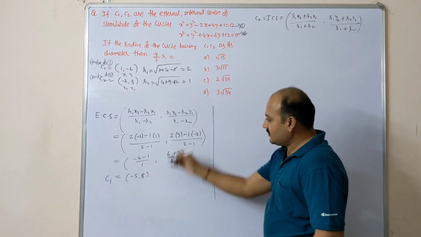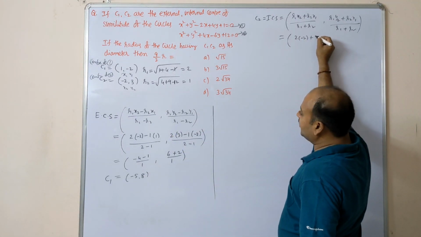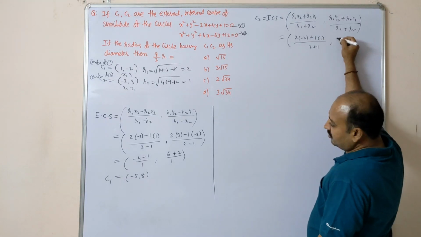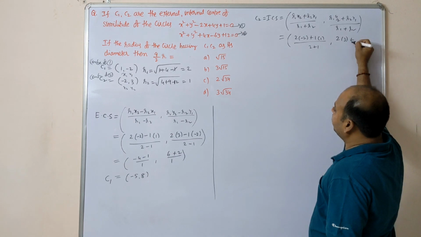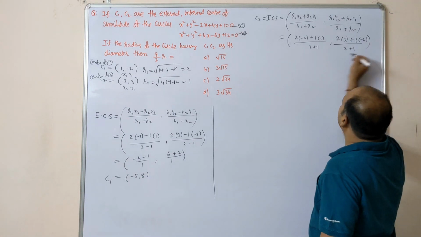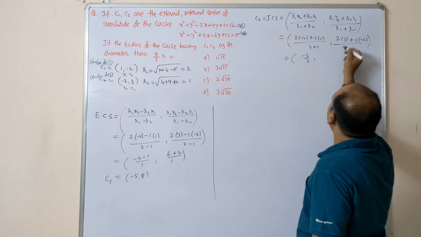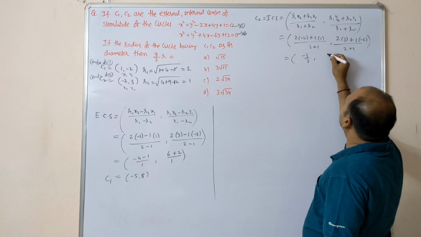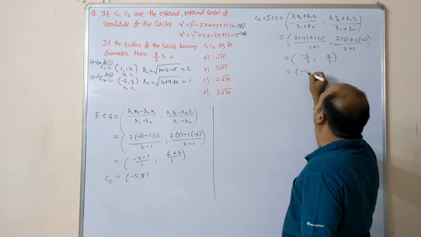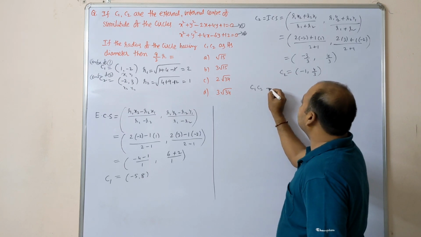Just change the values. 2 into minus 2 plus 1 into 1 by 2 plus 1, and 2 into 3 plus 1 into minus 2 by 2 plus 1. So minus 4 plus 1 is minus 3 by 3, and 6 minus 2, 4 by 3. So (-1, 4/3). This is C2.